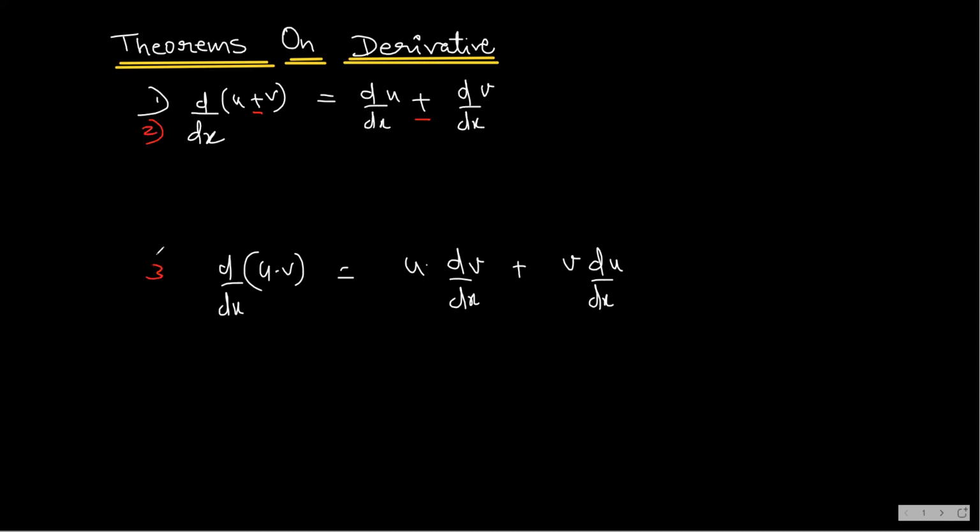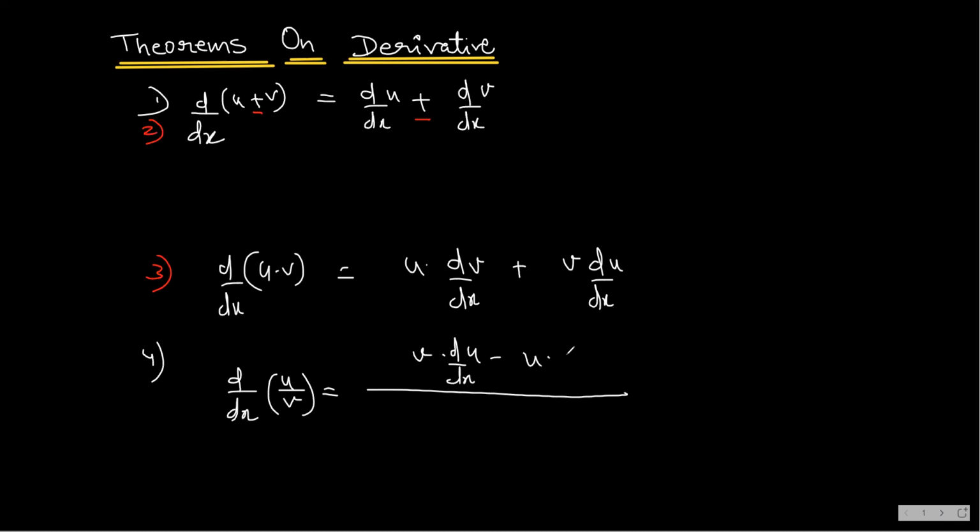Then you have the third rule, d by dx of u into v. This is also done. And what was the fourth rule? We have the division rule, d by dx of u upon v. It is equal to v d by dx of u minus u d by dx of v upon v square, where v square is not 0. We have done this.